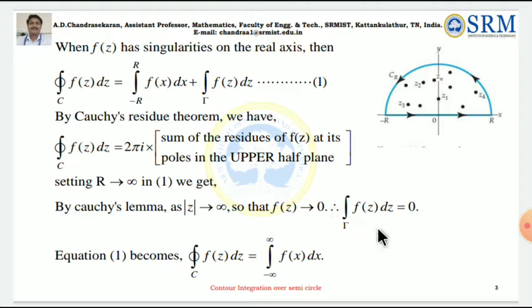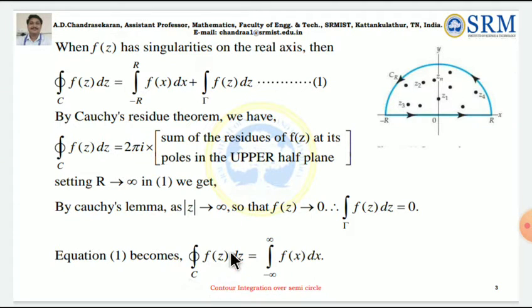So once this gamma value is 0, let us substitute this in equation number 1. Then the integral over C of f of z dz is equal to the integral from minus infinity to plus infinity, because r tends to infinity. So minus infinity to plus infinity f of x dx.